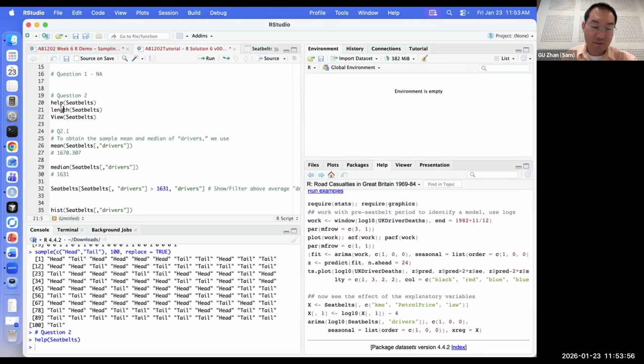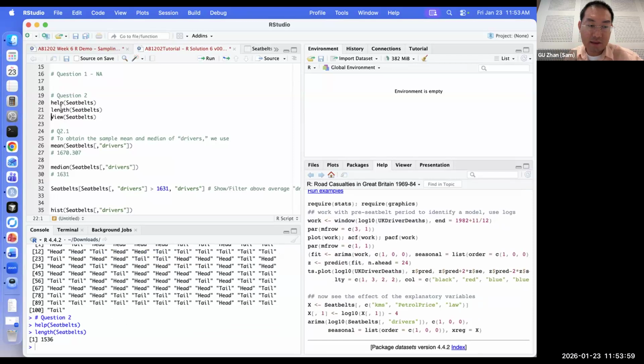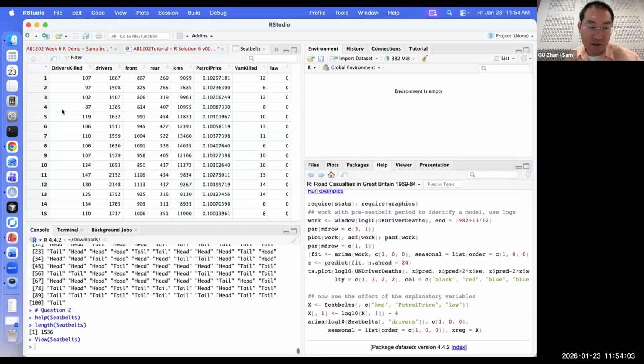Next we have a look at the last records. You view it: driver killed, how many drivers, front, rear, KMS, petrol, police, van killed, and so on, and whether the law has been implemented or not.